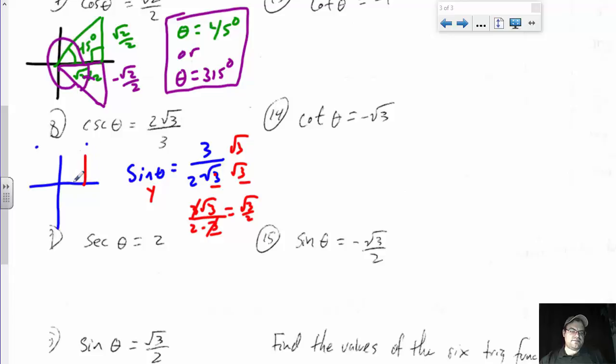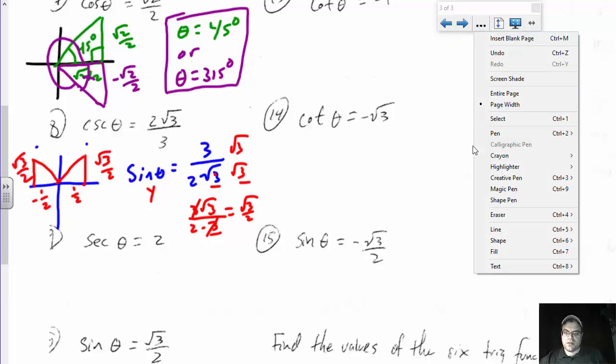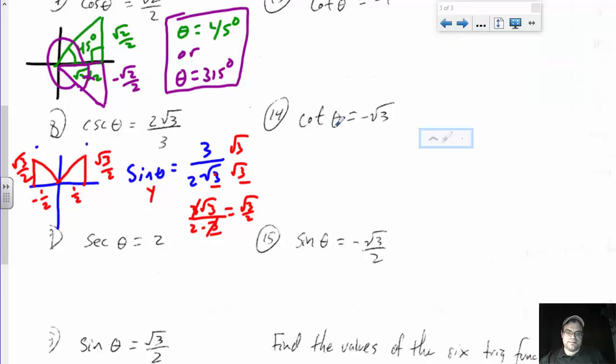So again, I have this. This is root 3 over 2. Same thing here, root 3 over 2. And then I have two triangles again. That means this is a half and this is negative half. And I have to figure out for the question the angles. This angle right here and this angle right here. Well, based on this triangle that I see, if this is a half and this is root 3 over 2, this angle right here must be 60 degrees.